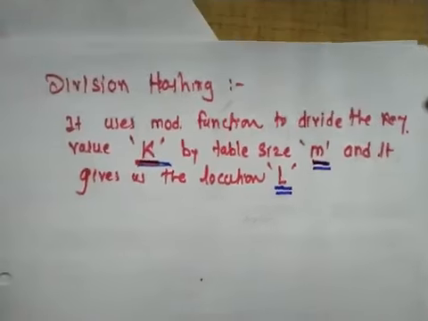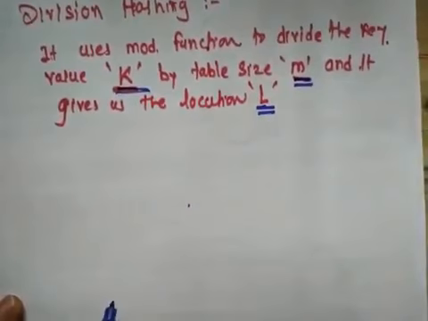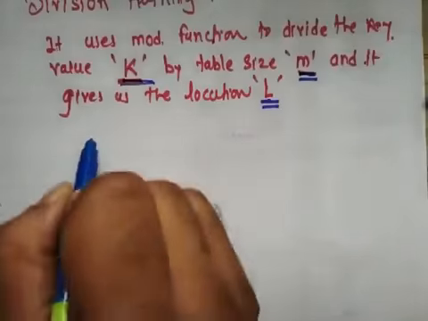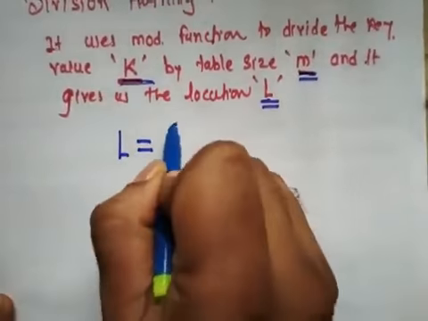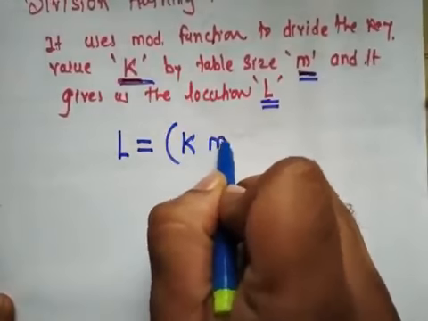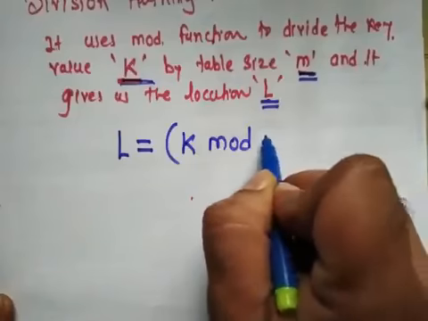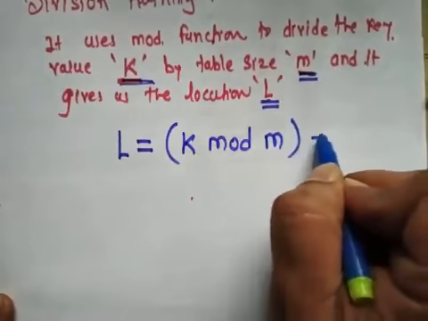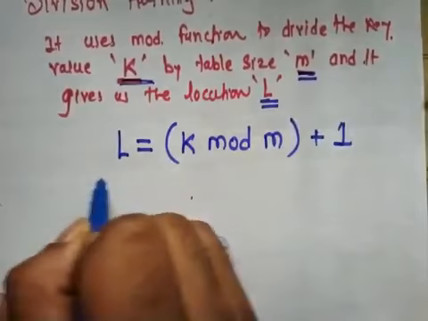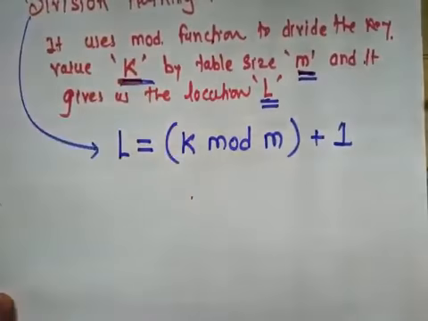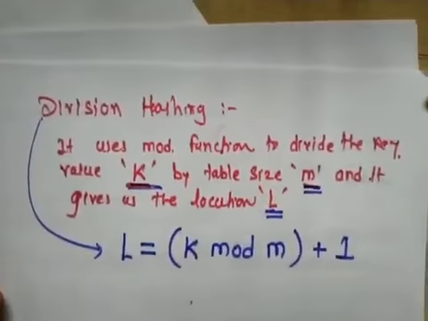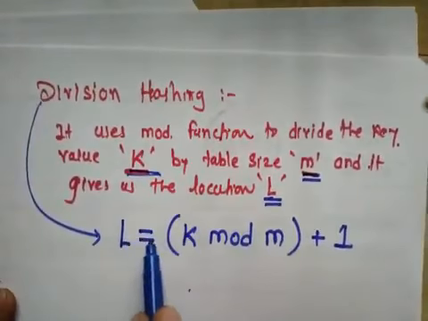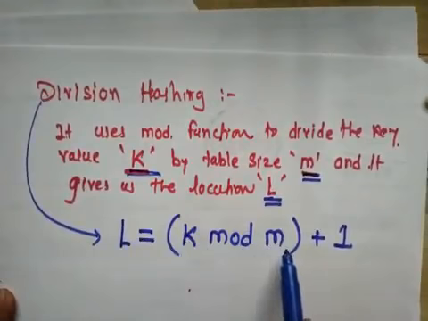So let's take an example. The hash function is L is equal to k mod m plus 1. So this is the division hashing function.